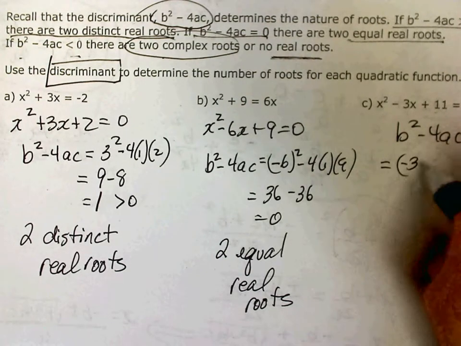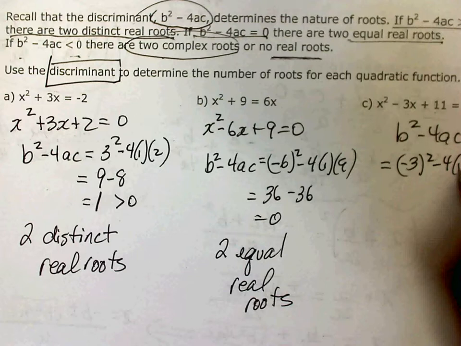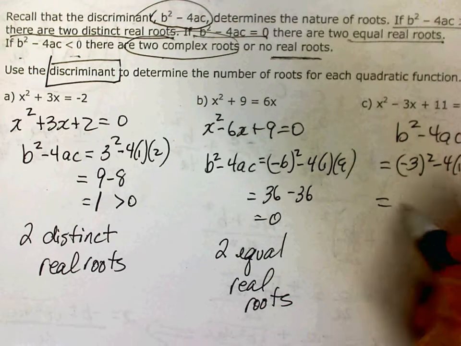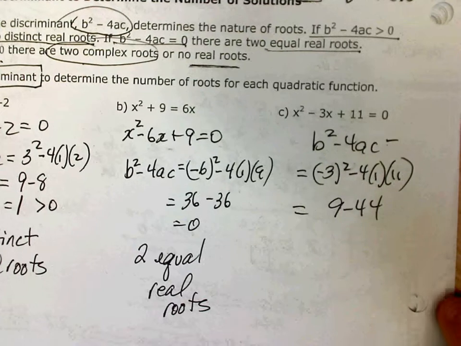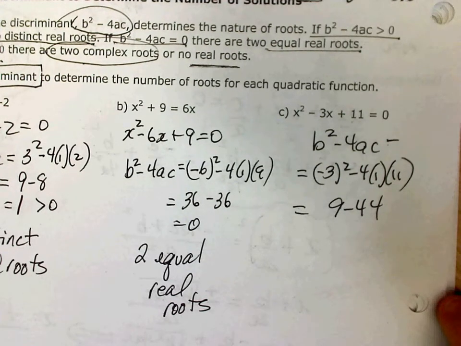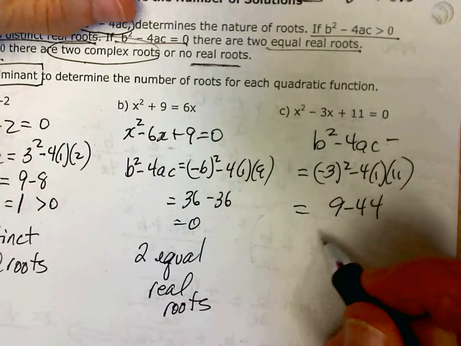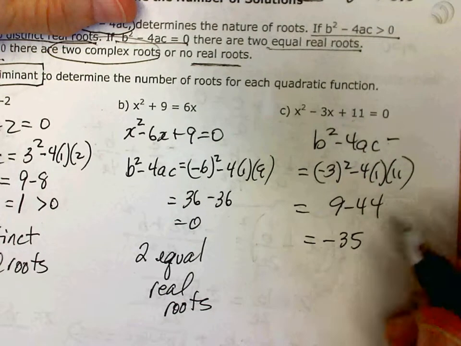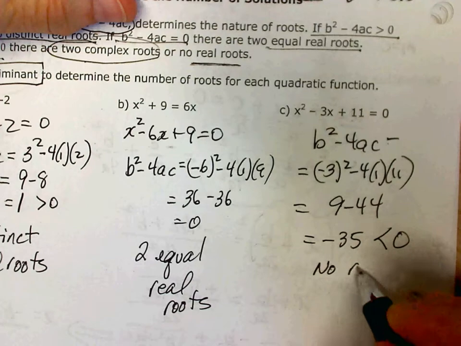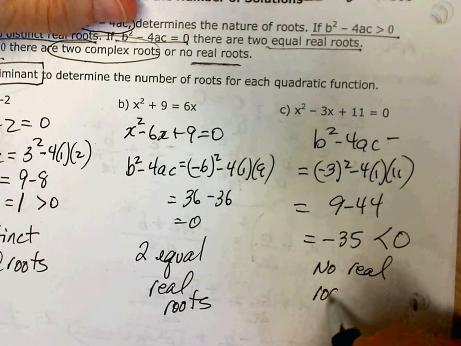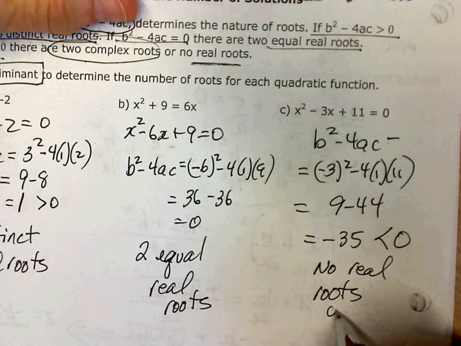We have 9 minus 40. That equals negative 35, less than 0, no real roots. Or you can say 2 complex roots.